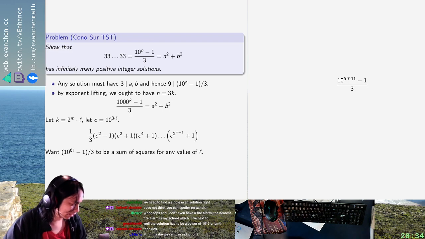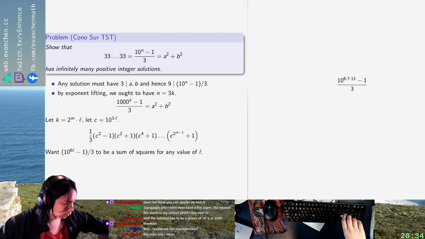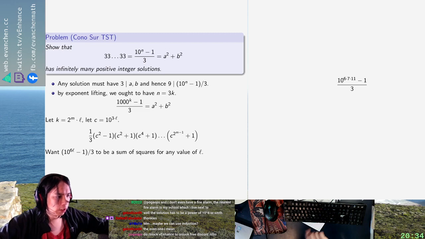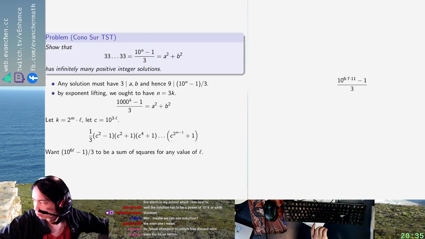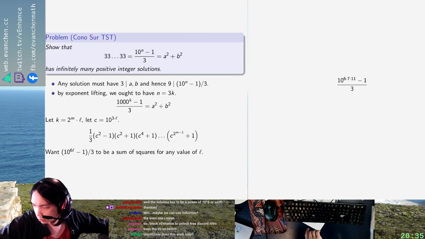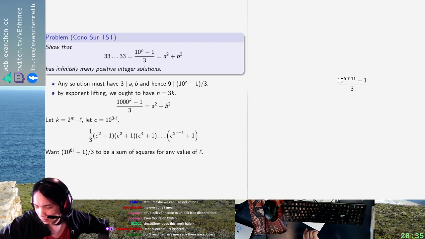V77 is V7 and V11. No, the thing is, I only need one even solution, and then I'm fine. So the thing I have written on the board is equivalent to that. Alternatively, I can try to look for an infinite family of odd solutions, I guess. That seems worse to me, though.